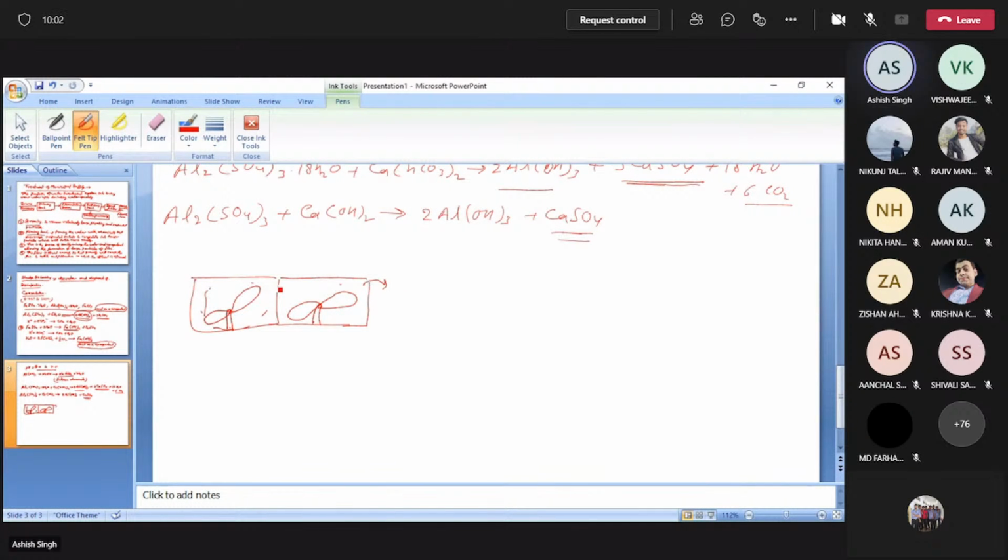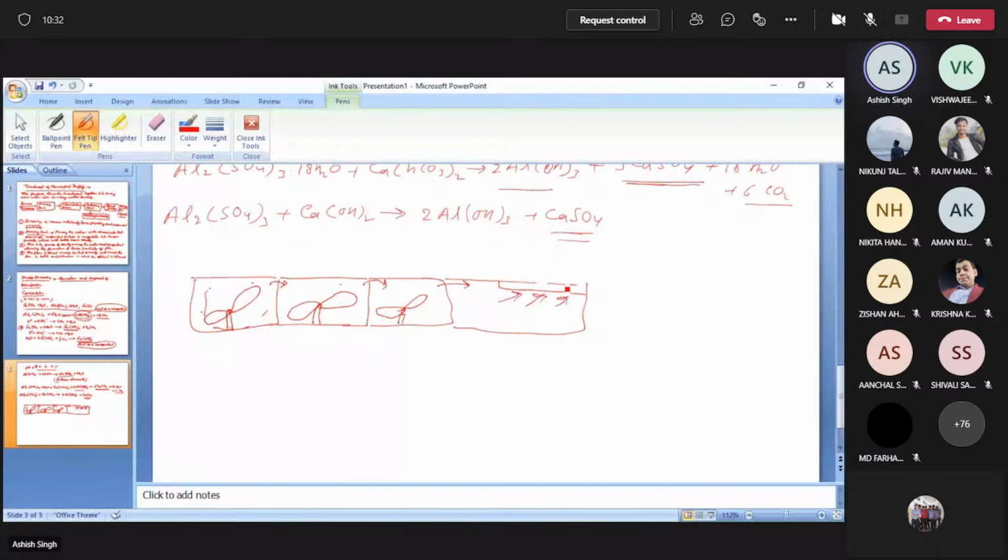Then the water goes into the next tank. There is another paddle there, and these paddles again mix it. After mixing, the water comes into a settling tank. Here in the settling tank, the water reduces its flow rate and increases the time.